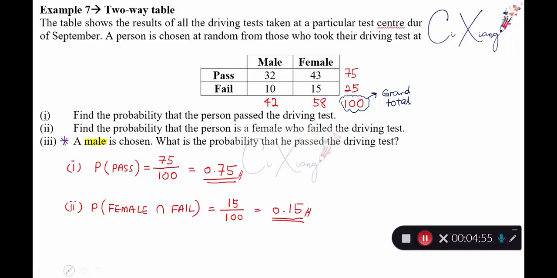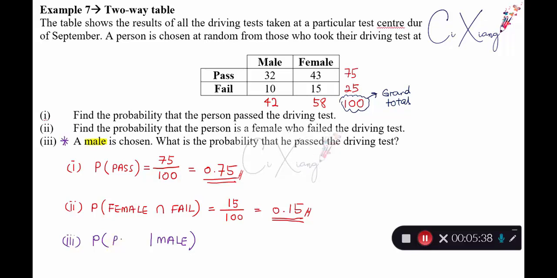So for this kind of question, when we write out the symbol, it is a bit different from what we learned before. When we know that the male is already chosen, you write a symbol like this: you have a stroke here, and then male. The event that happened first, you write on the right-hand side, and the event that happens later, which you are concerned with and want the probability of, you write on the left. So in our example, we want the probability of a male, who is already known to be male, and he passed the test.